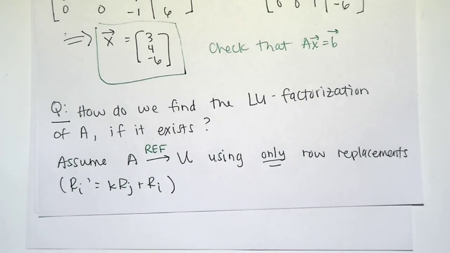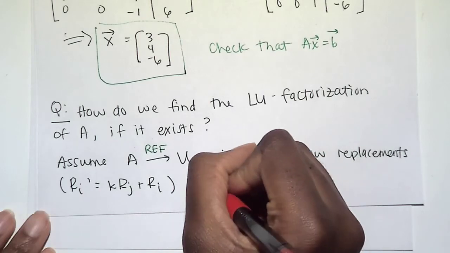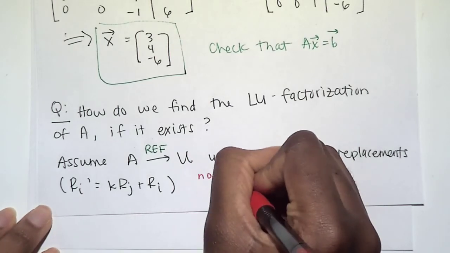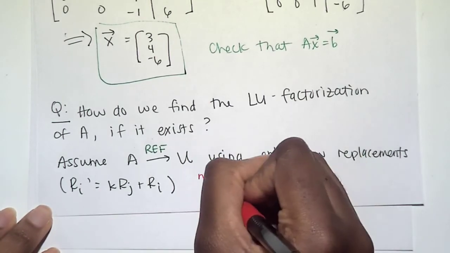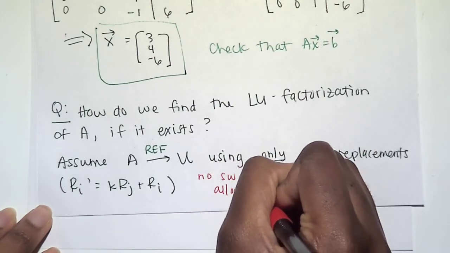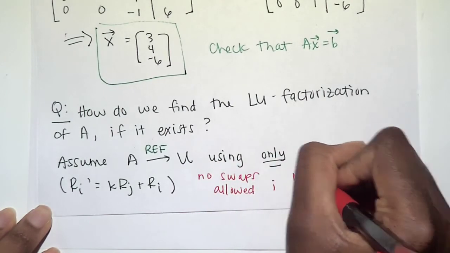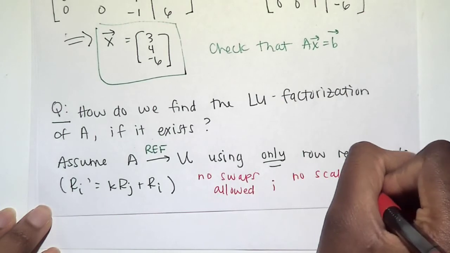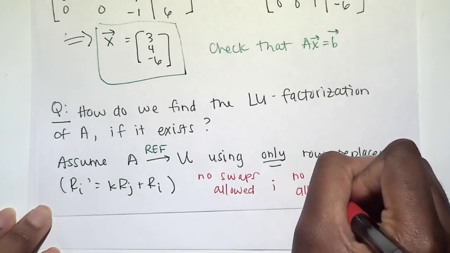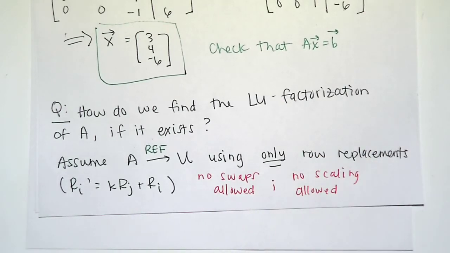This is the only thing we're going to do. No swaps allowed. Also, there's no scaling allowed. There's only one type allowed when we're doing LU factorization.